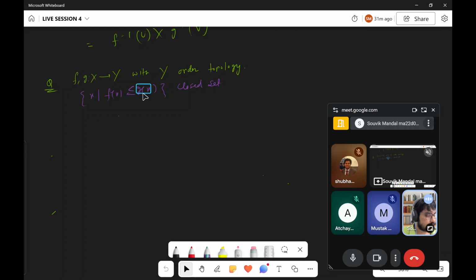We have seen this. We did this exercise previously, and of course here F and G are continuous maps.